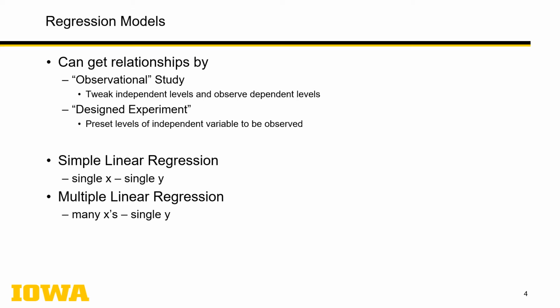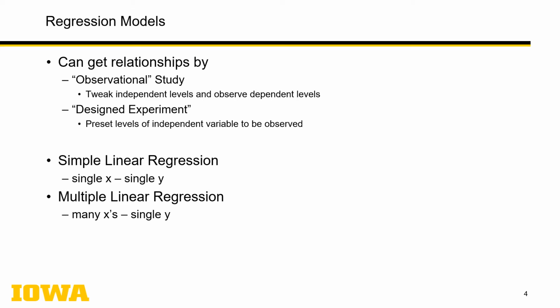Okay, so how are we going to go about a study in which we then apply these techniques? Well, there's two basic types. One is what you may consider as observational. You're going to, quote unquote, tweak the independent variable levels and then observe the dependent levels that occur because of that.